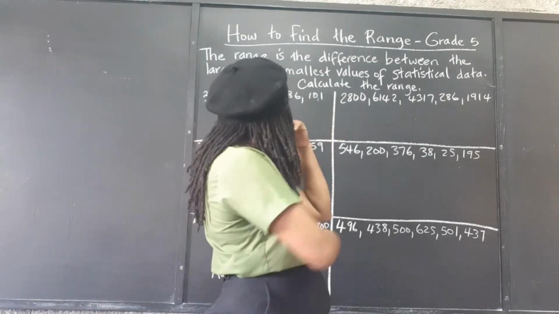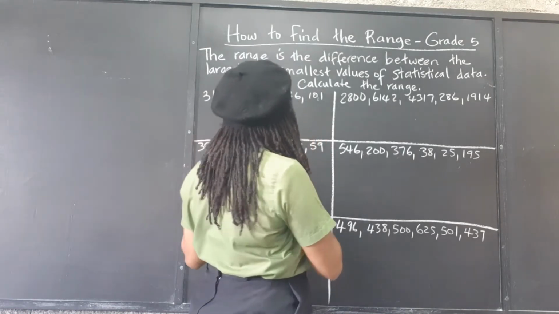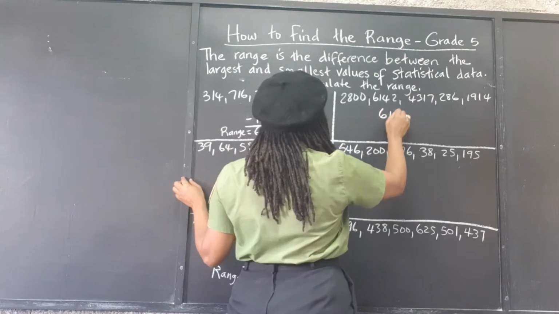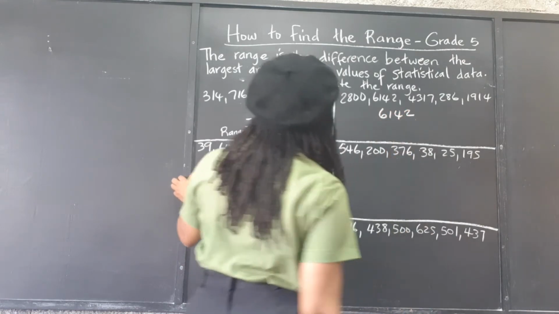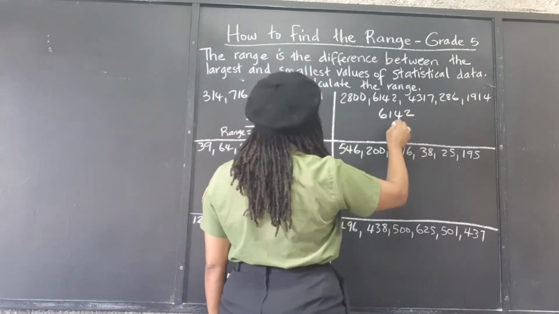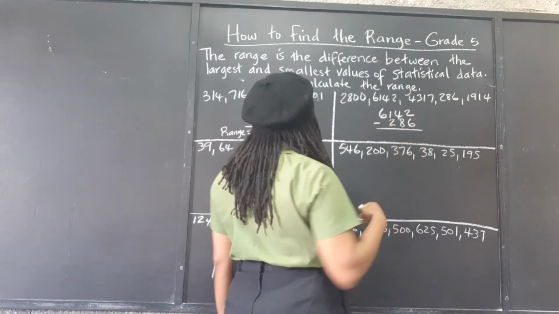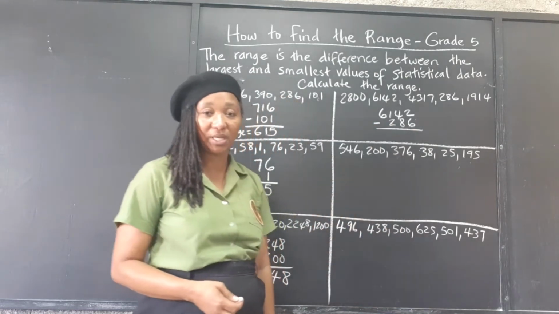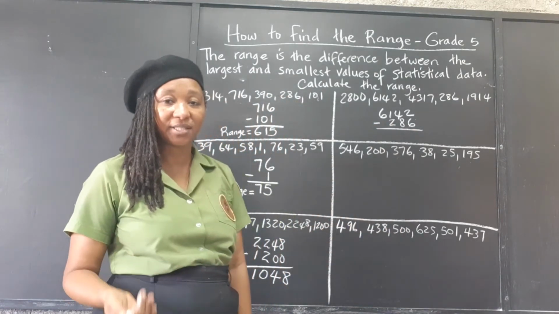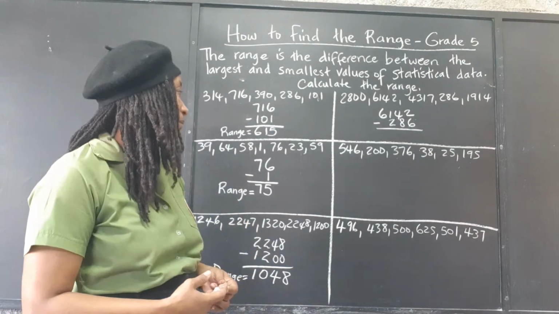Looking at these numbers now, the biggest one is 6,142, and the smallest one is 286. So you have to look carefully. Remember, the range is the difference between the largest and the smallest numbers given in a set of data.